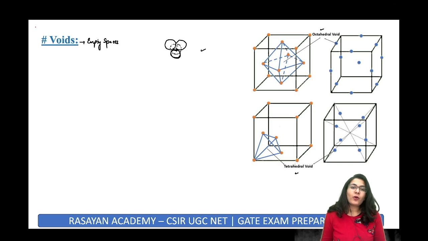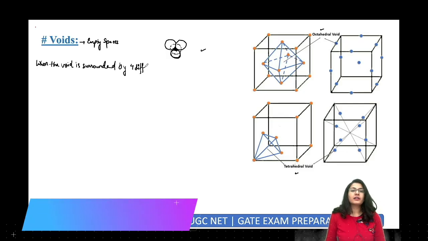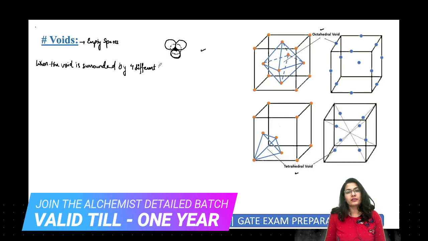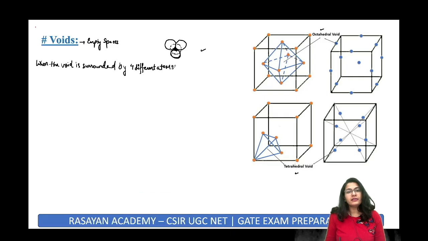So when the coordination of the void is 4, just write it down: when the void is surrounded by 4 different atoms, then the void is going to have a coordination number of 4, and it is going to be known as a tetrahedral void.